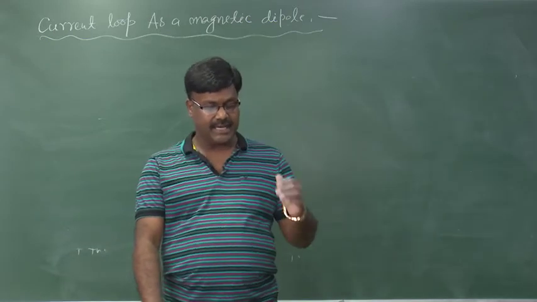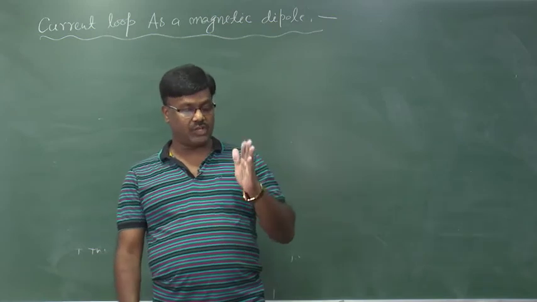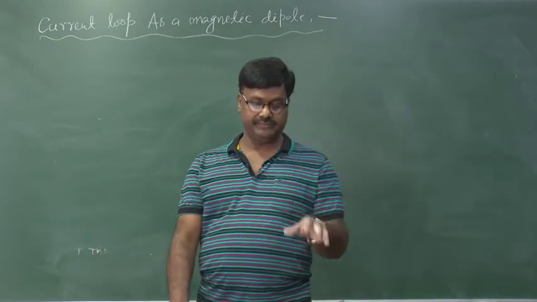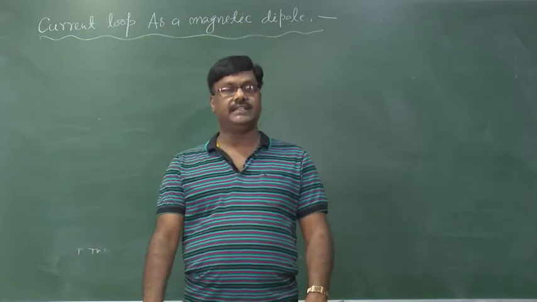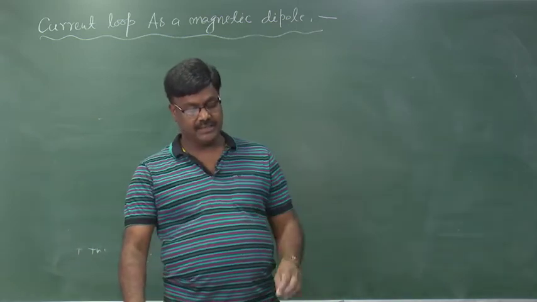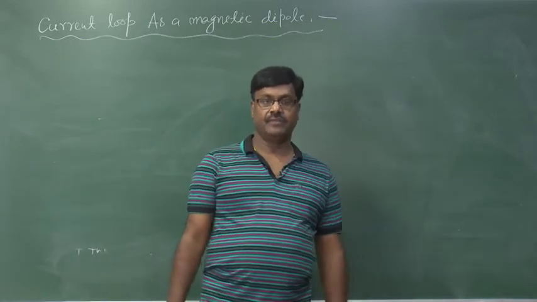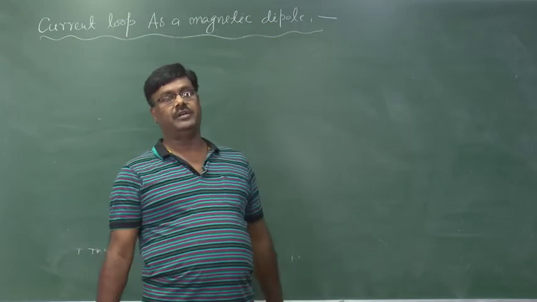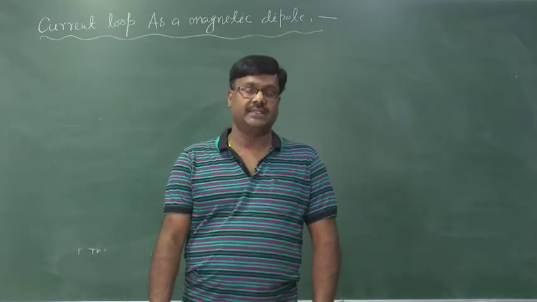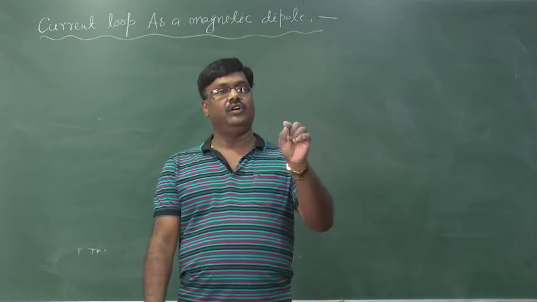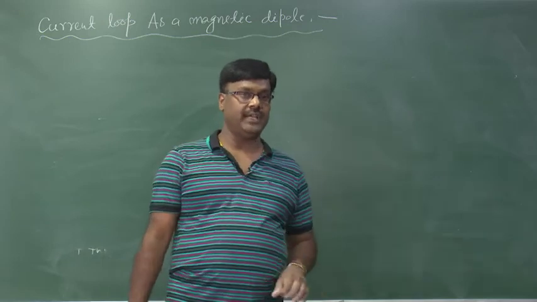It is observed that there is a magnetic field around a circular current carrying coil, and a circular loop of a conductor carrying current is the simplest circuit that can produce a magnetic field. We have already calculated the magnetic field strength at points on the center of the circular coil and on the axis of a circular coil.